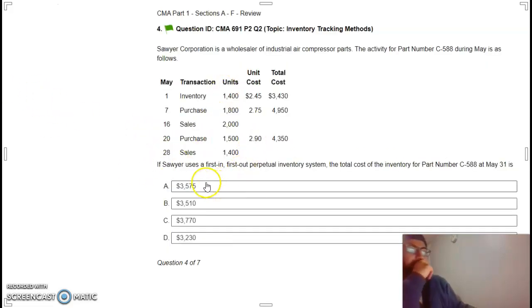Next: the company uses a first in, first out perpetual inventory system. The total cost of inventory for part number C588 at May 31st is? The compressor purchases and sales for part C588 during May are as follows: inventory, unit cost, total cost, starting beginning inventory. I'm just going to make a quick chart, guys. Where do I do it?